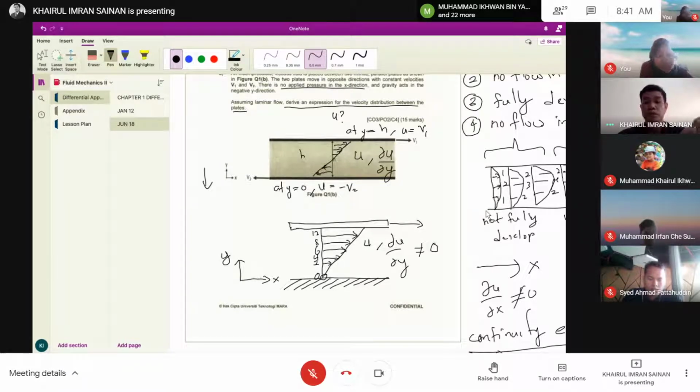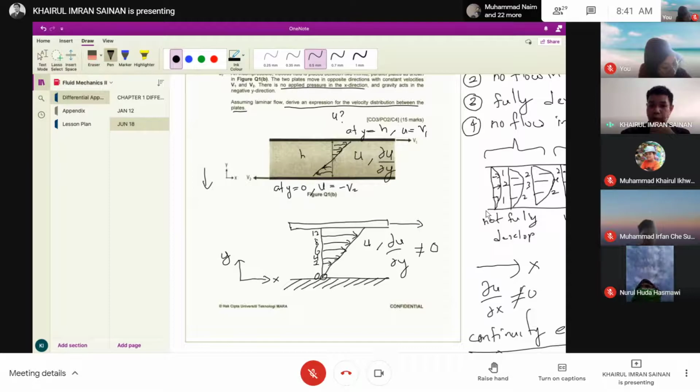So the magnitude of the arrow, for example, here is 0, and then becomes larger, or becomes longer, when it moves to the top. So for example, this is 0 velocity, 2, 4, 6, 8, and 12, right?